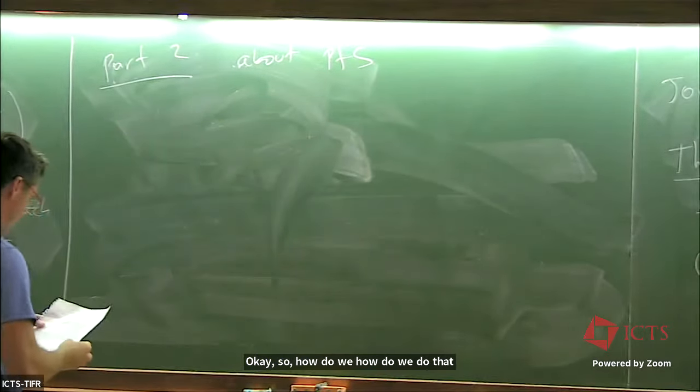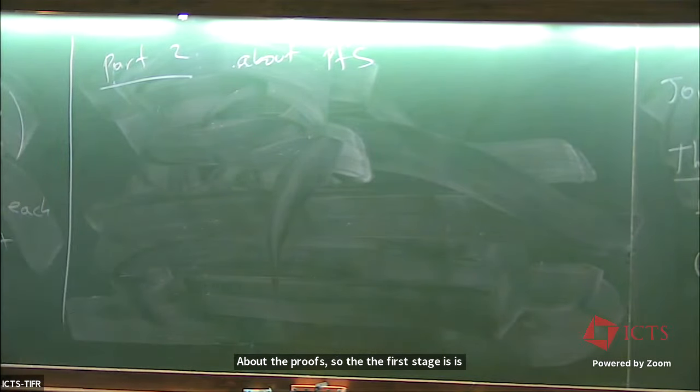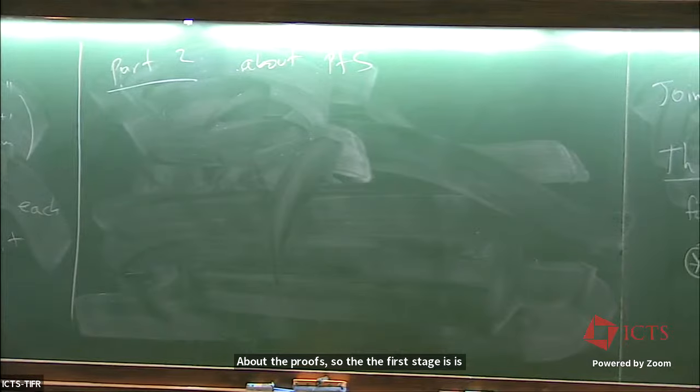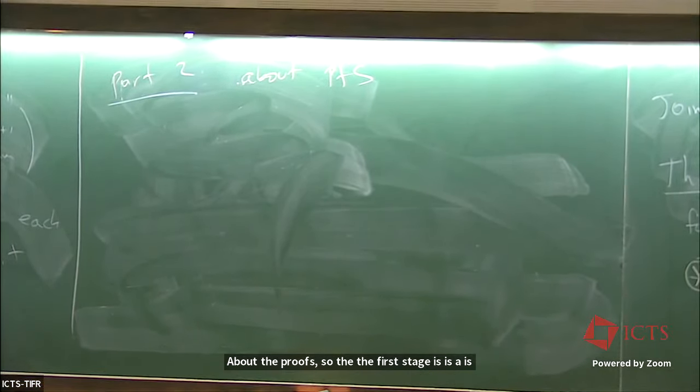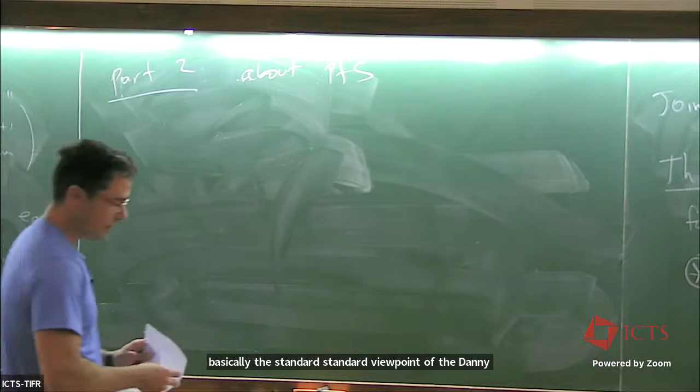About the proofs. So the first stage is basically the standard viewpoint of the Dani correspondence, or the link between the finite approximation and dynamics.